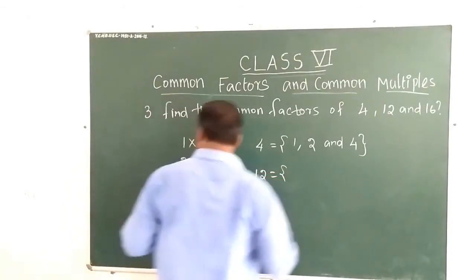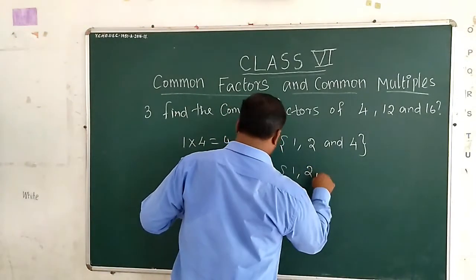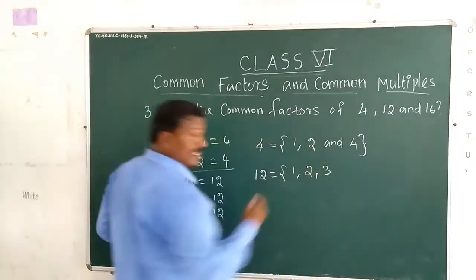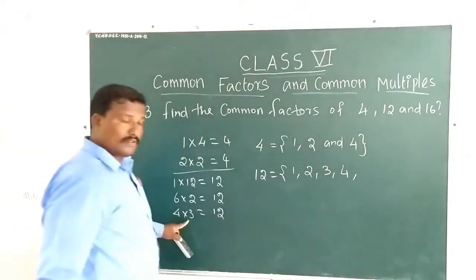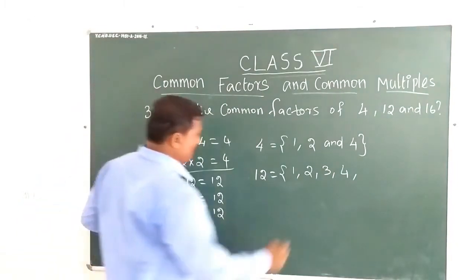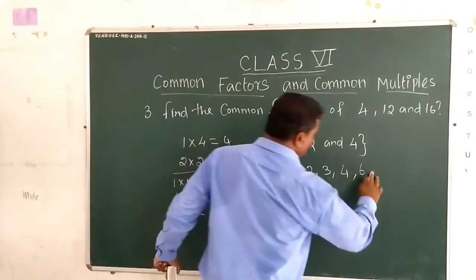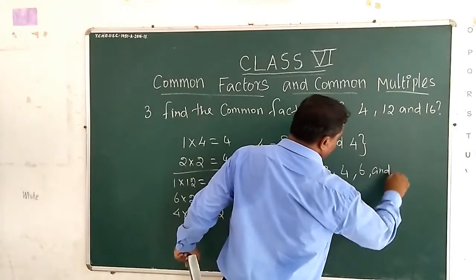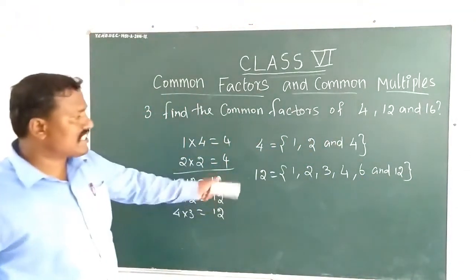What are the factors? 1, 2, 3, 4, 6 and 12. So these are the factors of 12.